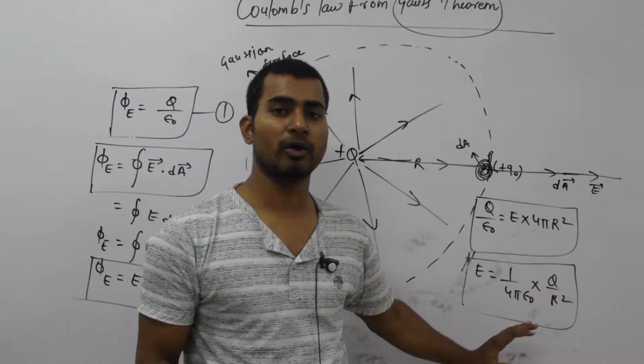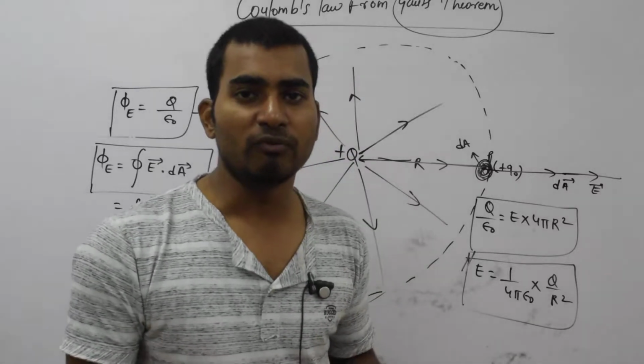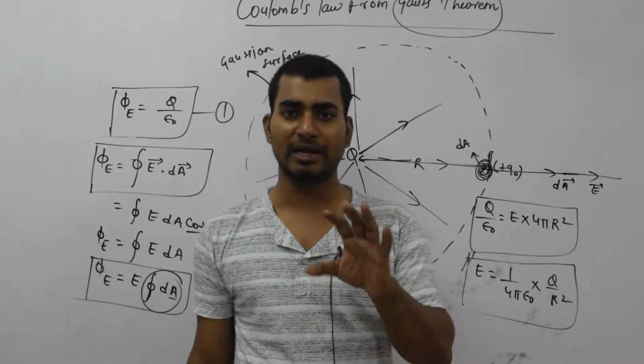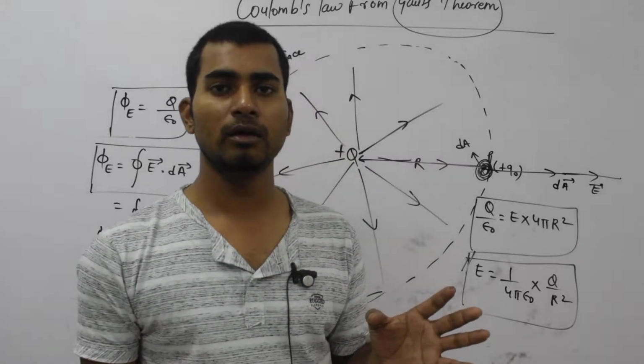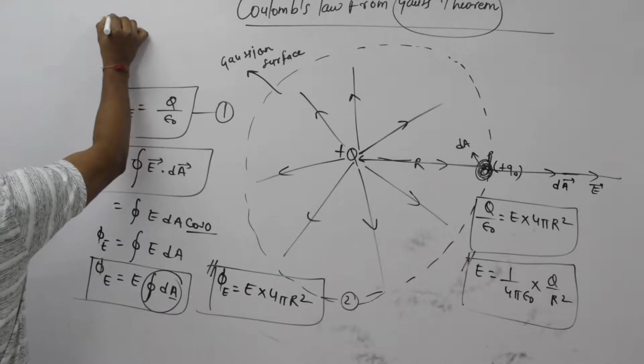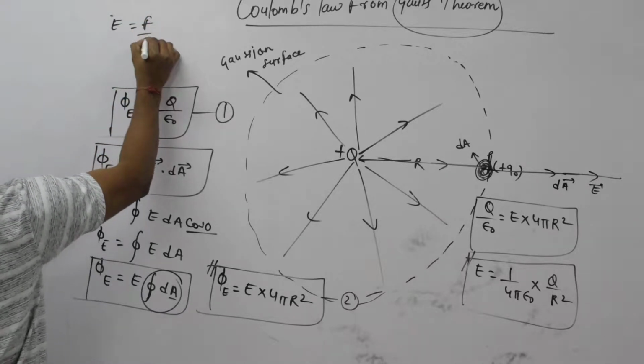Okay. Now we need to find the Coulomb force. As we know, there is a relation between electric field intensity and force, that is E is equals to F upon Q naught.